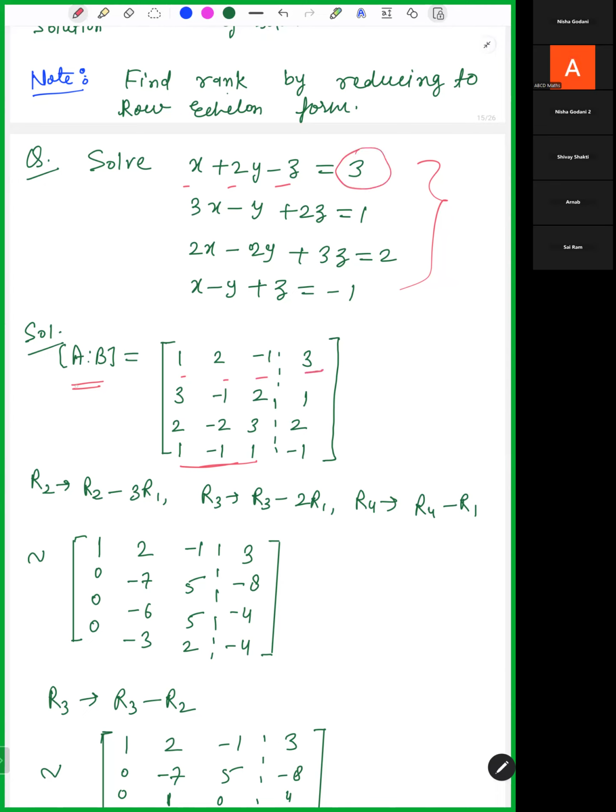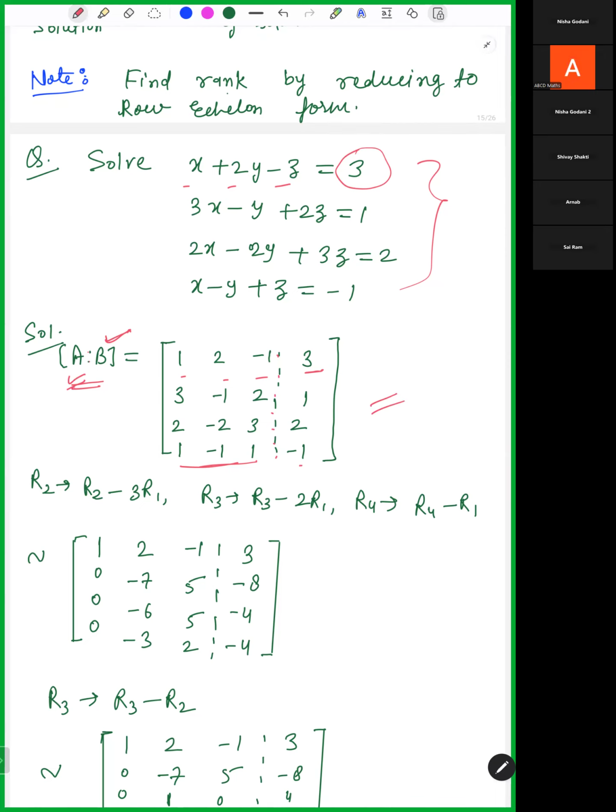AB means you write the matrix A, then make this partition, and then the column matrix B, which is 3, 1, 2, minus 1. So you can write this augmented matrix very easily.